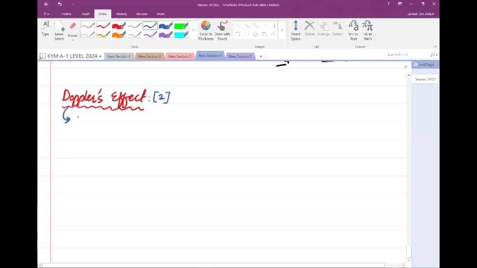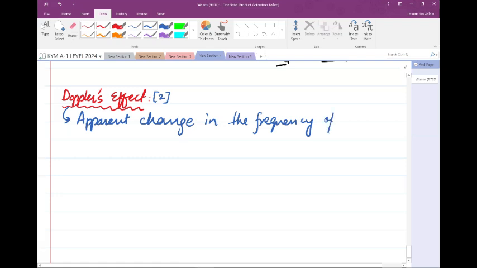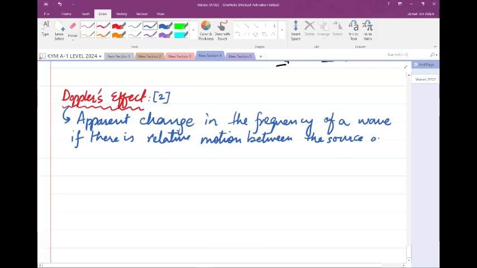The Doppler's effect is the apparent change in the frequency of a wave if there is relative motion between the source and observer. Now, what does all this mean?